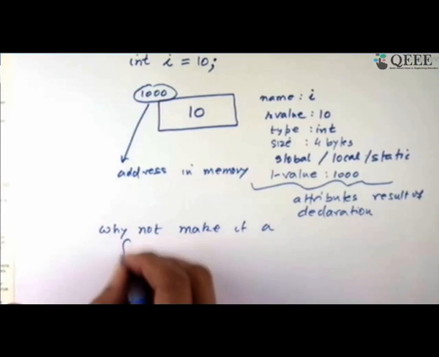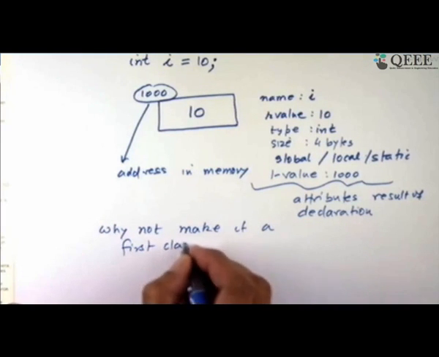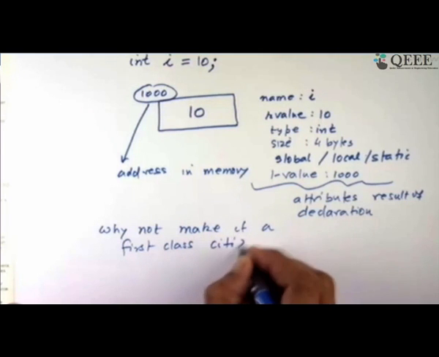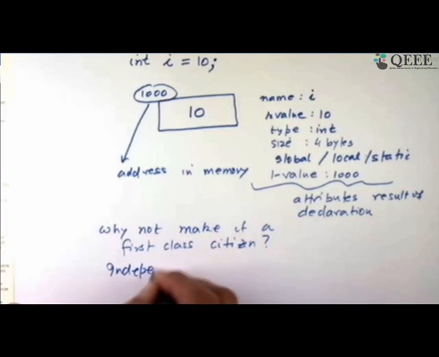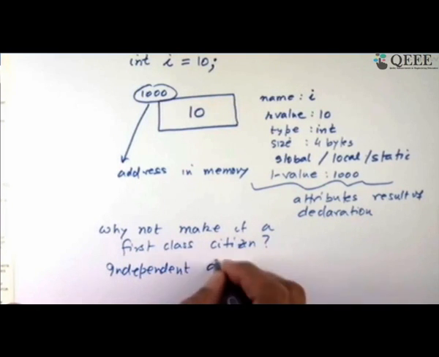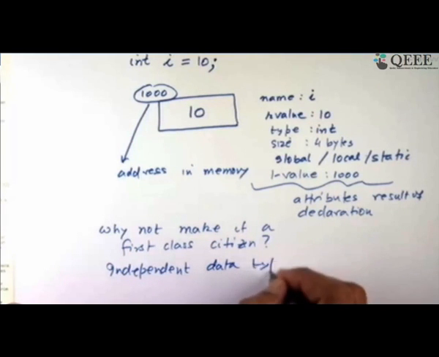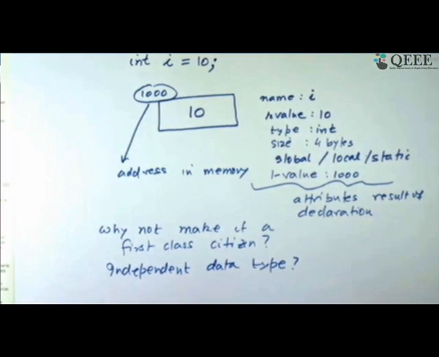Which means, why not make a pointer an independent data type. Just like int is a data type and so many others are data types, a pointer can also create a data type of its own. Or we can deal with the world of addresses for whatever purpose you can make of it. If you are giving somebody an address, let's make that address known to the programmer. And that's how the world of pointers got introduced from a language called Pascal onwards way back in the 70s.